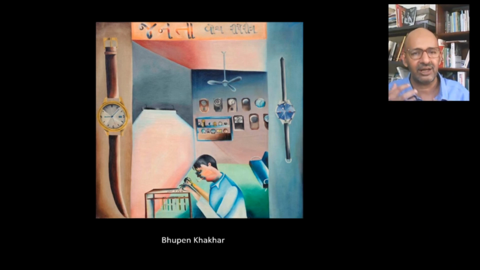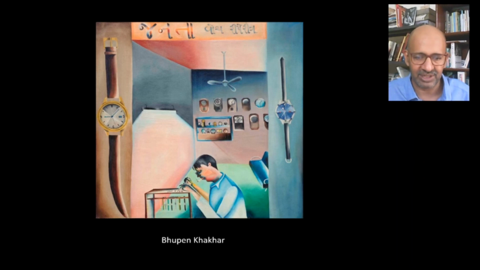Bhupen Khakar could actually focus, highlight, or take certain motifs back into the painting, create spatial depth, everything with a certain kind of naivety, with a certain kind of innocence, which made his paintings appear, and certainly they are, very easy to communicate and see.